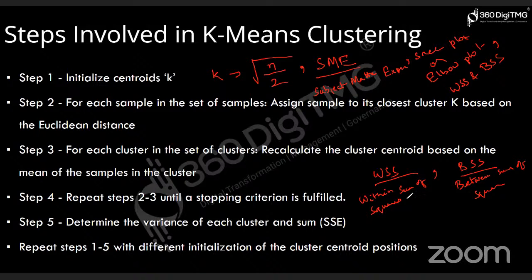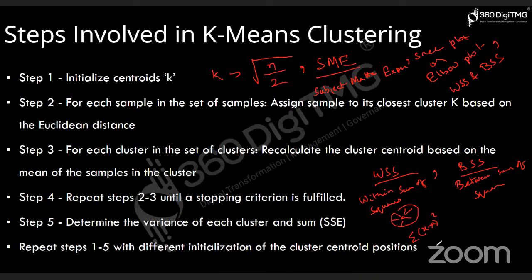The within sum of squares measures the distance within a cluster, the distance of all data points from the mean value. It is the summation of (x minus centroid) squared, basically similar to the variance formula.